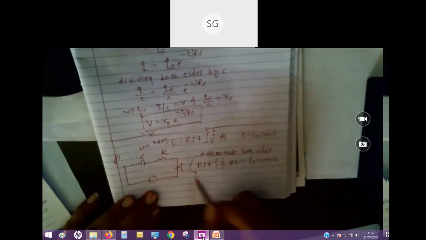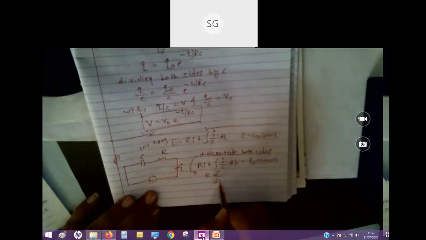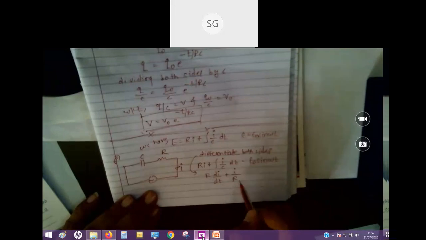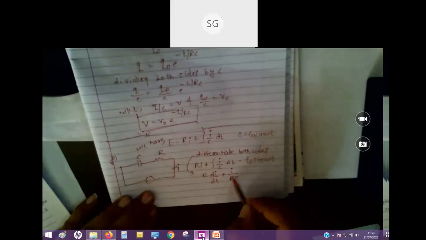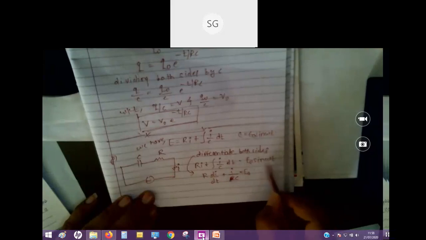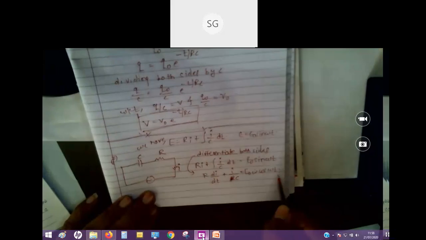Then by differentiating, we get R di by dt, with respect to t, plus 1 upon C times i, equal to E naught sine omega t's derivative, which will be E naught omega cos omega t. Now still this is not in standard form.